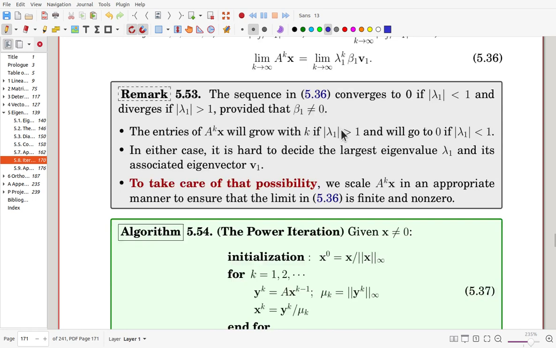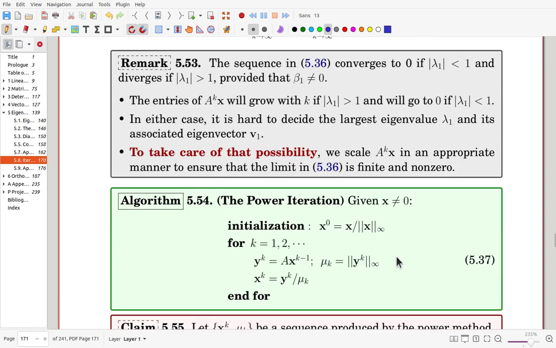Okay, let's see the pseudocode for the power iteration. We start with any initial non-zero vector, and we can normalize x0 by its length, so that in x0, the largest value in modulus will be 1.